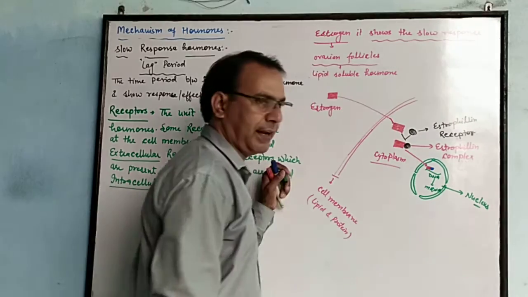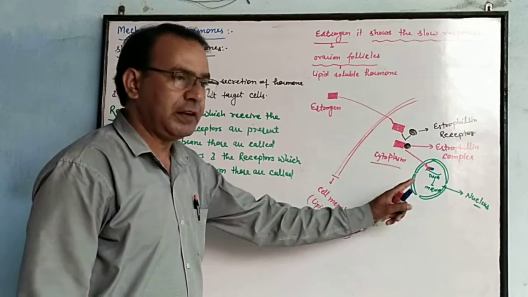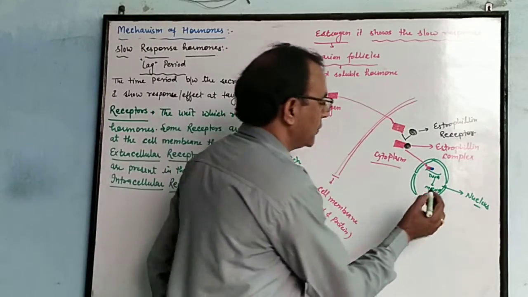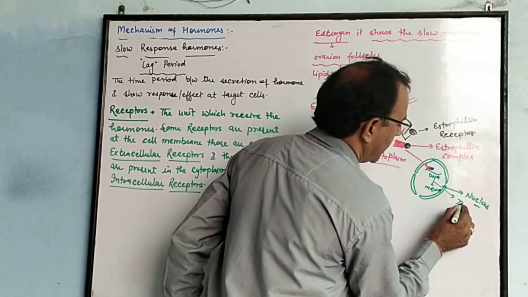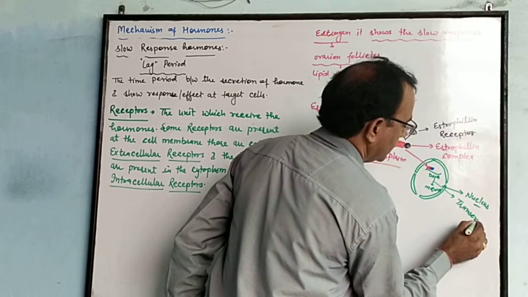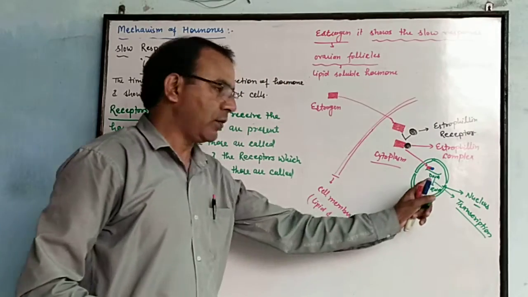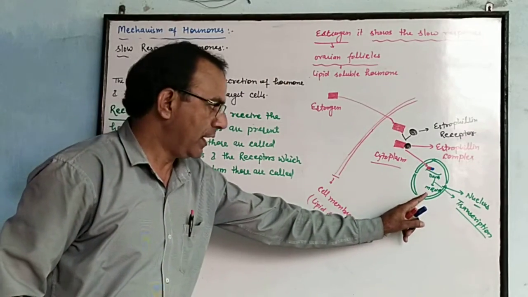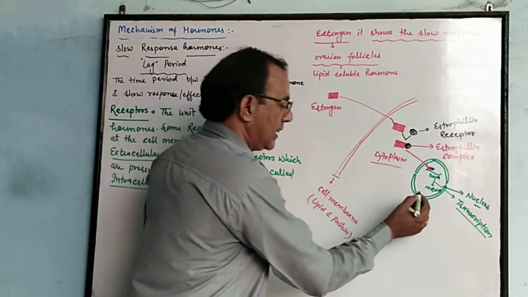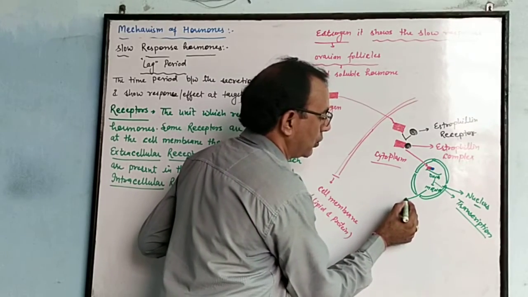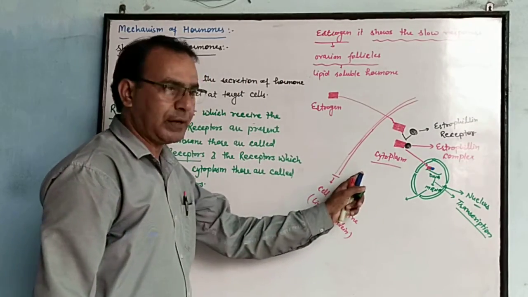mRNA, messenger RNA. The process in which DNA is converted into RNA is called transcription. Then this mRNA comes out through the nuclear membrane into the cytoplasm.